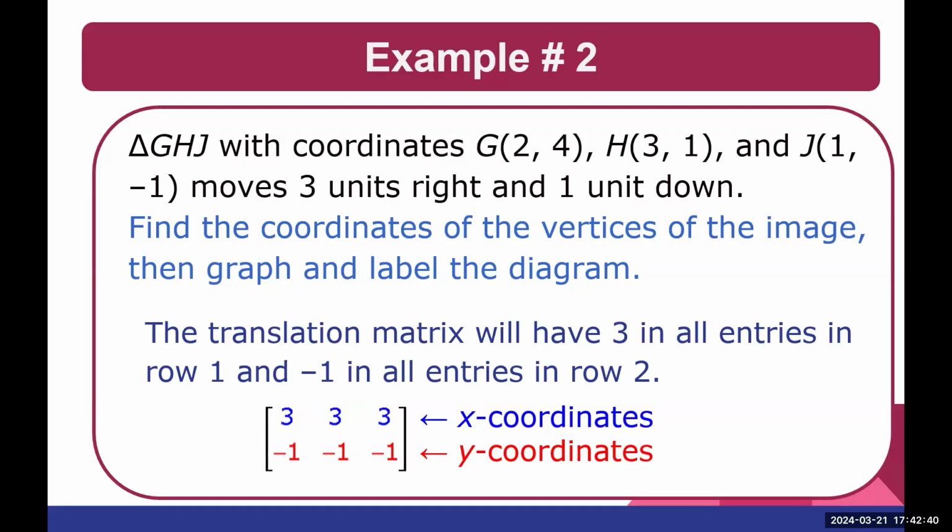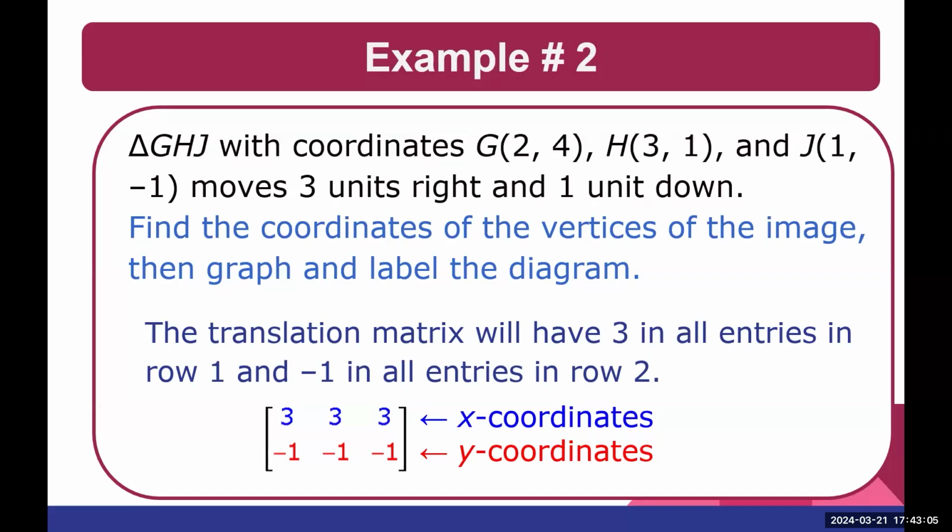Can anyone enlighten us here? Why does it have 3 in all entries in row 1? Because the X values were shifted 3 times.